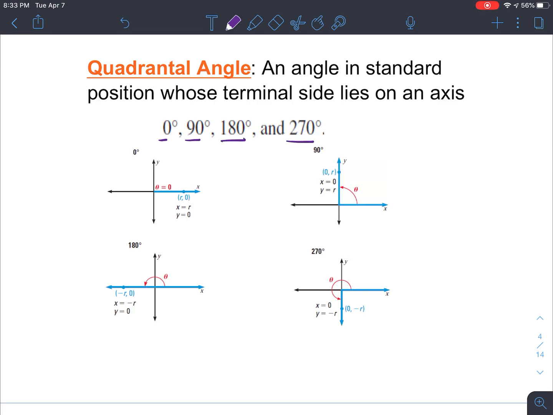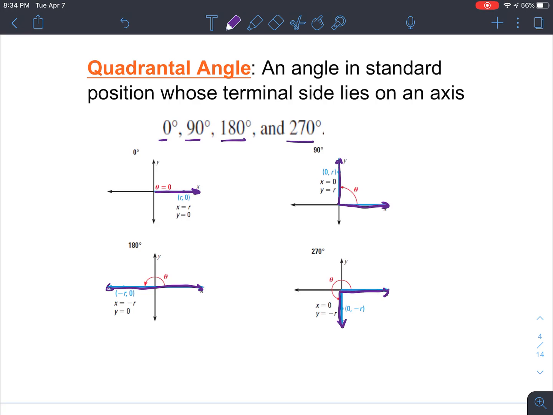So those would be 0, 90, 180, and 270, okay? So 0 would just be basically the positive x-axis with no degrees. 90 degrees is having the positive y, positive x. 180 is that straight line. And 270 is positive x, negative y.